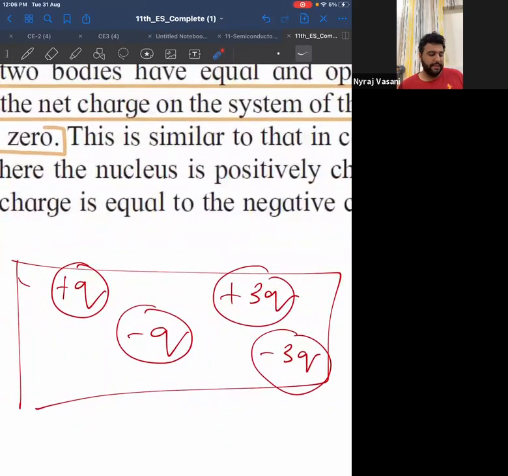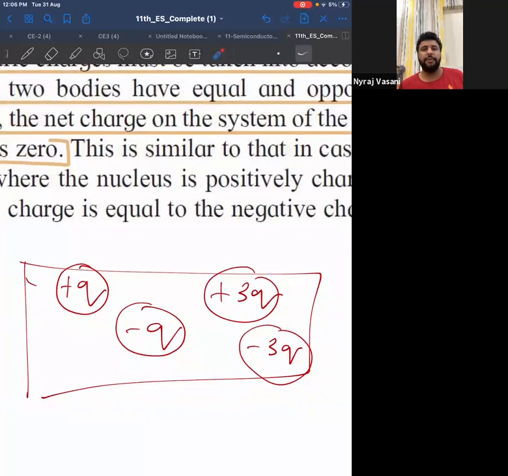Now write down. Consider the system of four charges as shown in the figure. Consider a system of four charges as shown in the figure.